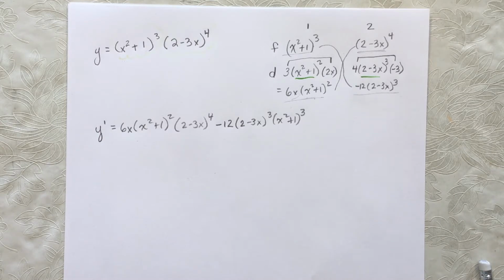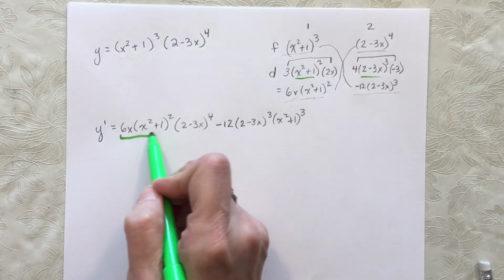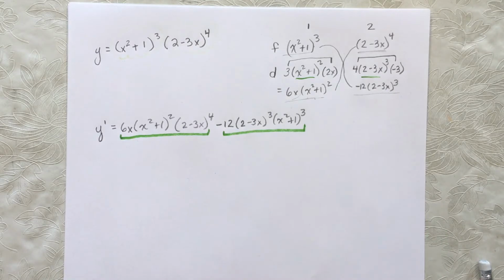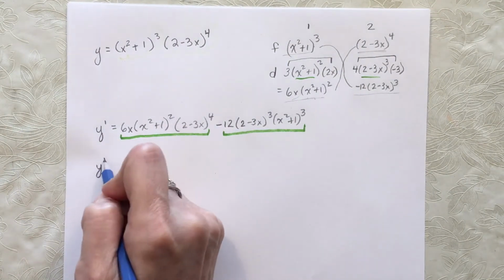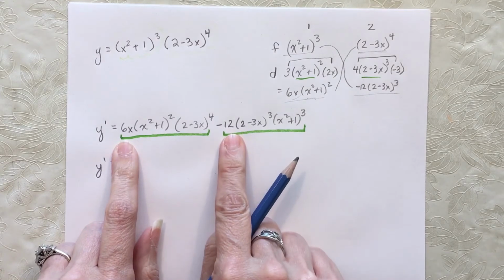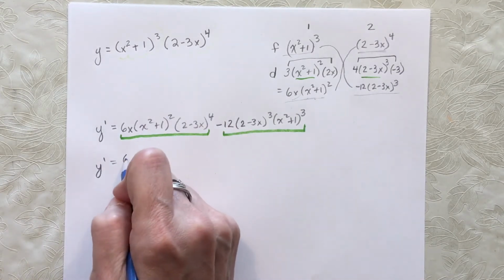Now all of the rest of the steps that come next will be putting it in simplified factored form, which is all algebra. Okay? So the first thing we want to do is look at our two big chunks here and figure out the greatest common factor. So first I'm going to compare 6x and 12, my monomial terms, and the greatest common factor is 6.